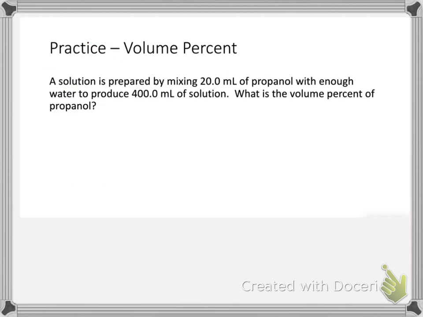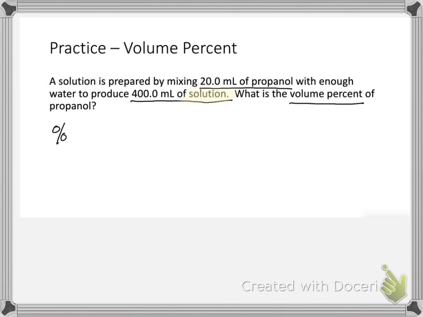So now let's look at volume percent. Let's read the problem like it doesn't have a title. It says a solution is prepared by mixing 20 milliliters of propanol with enough water to produce 400 milliliters of solution. What is the volume percent?